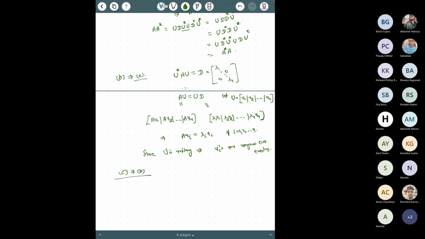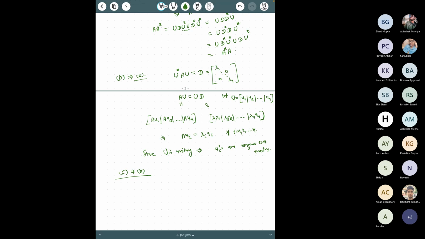So suppose that there exists an orthonormal set consisting of n eigenvectors of A. Then you have to show that A is unitarily diagonalizable. That means you have to show that there exists a unitary matrix U such that U star AU is diagonal. Now, how to show that? What is given?